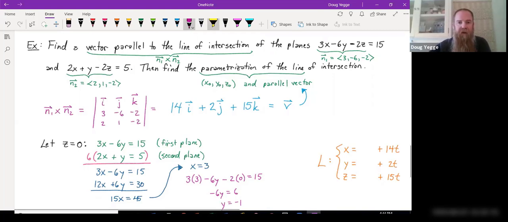And so notice that that gives me a point, any one of the points, but I chose the point where z happened to be 0, and that gave me a point that was on that line of intersection. So my z coordinate is 0, my x coordinate is 3, and my y coordinate is negative 1. And I now have the parameterization for my line.